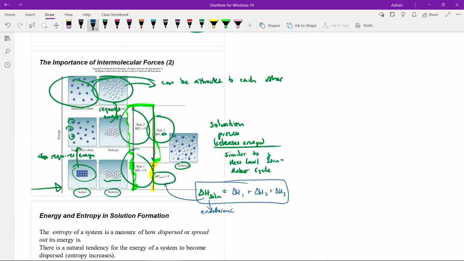So the delta H of the solution can be exothermic or endothermic. If it were exothermic, the solution where we would end up would actually be somewhere down here.